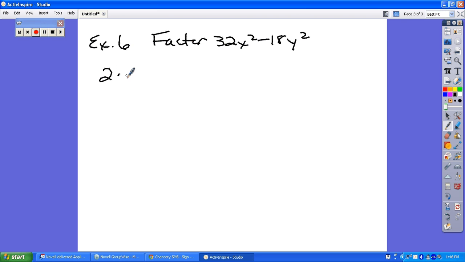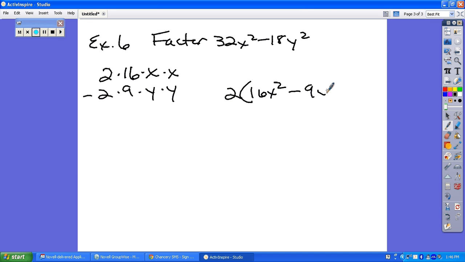So 2 and 16x and x. And then this is negative 2, 9y, y. Okay, and then what you see is you have the 2's in common. So what I'm going to have is the 2 times 16x squared minus 9y squared.